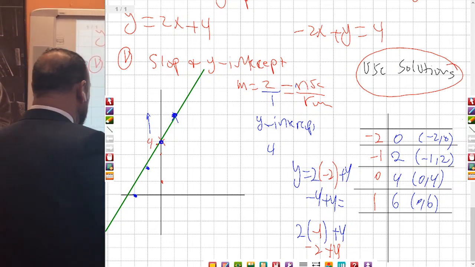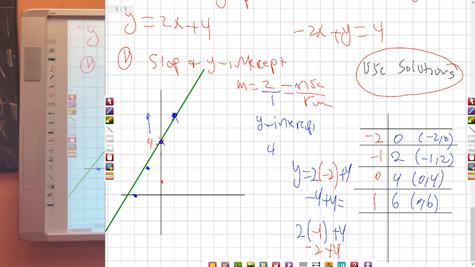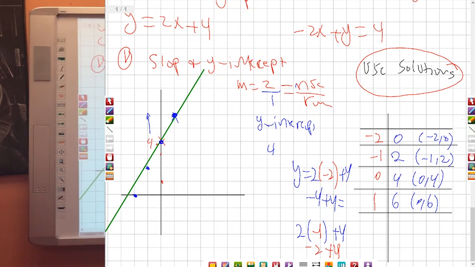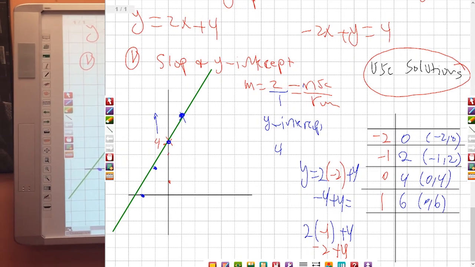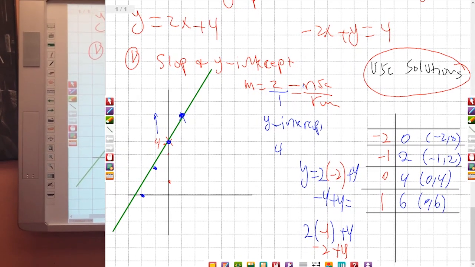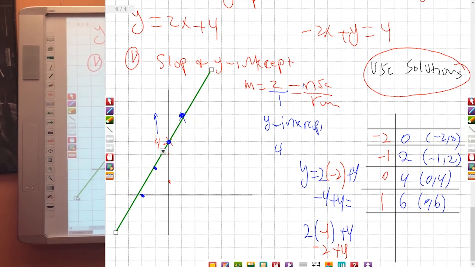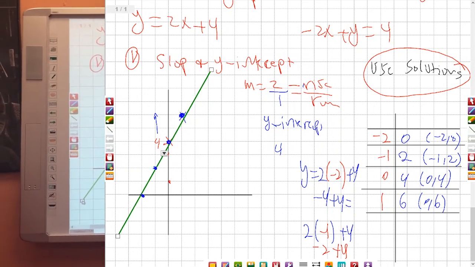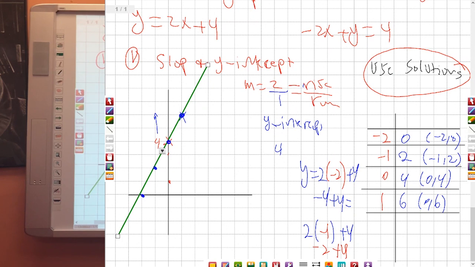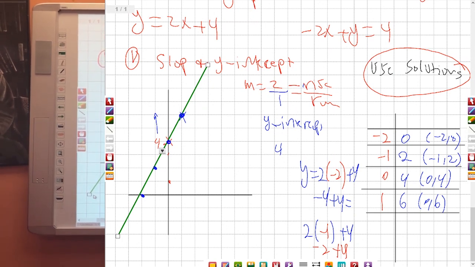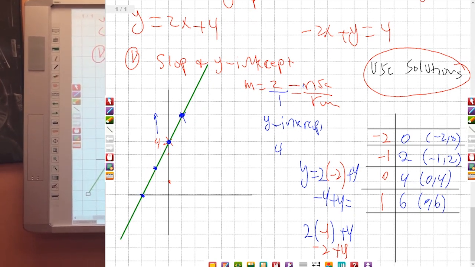And then this is the point. It's exactly the same line, just a little bit slanted to get the actual line. You see? A different way, the same thing.